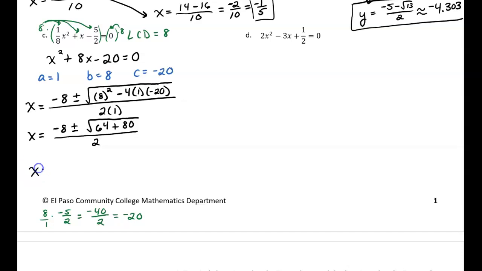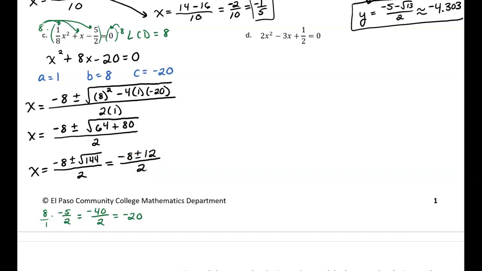Okay, so then we'll have x is equal to negative 8 plus or minus the square root of 64 plus 80, which gives me 144, divided by 2. And the square root of 144, well, that's one I know. That's simply 12, divided by that 2 still.